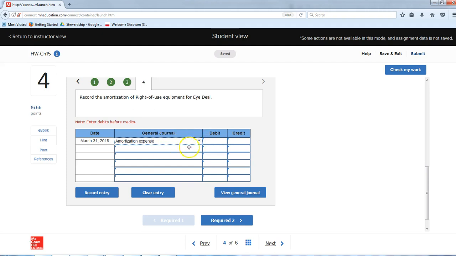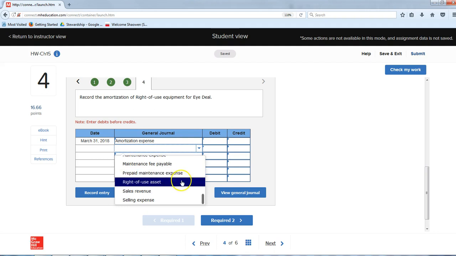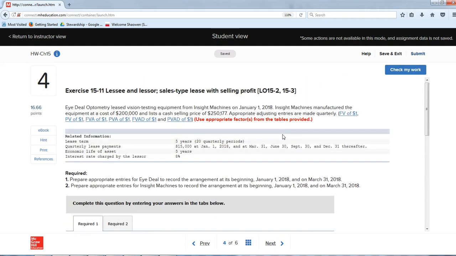So amortization expense, and on the credit side, we reduce the right-of-use asset for the value. Does it have residual value? It does not tell us the residual value of this asset.